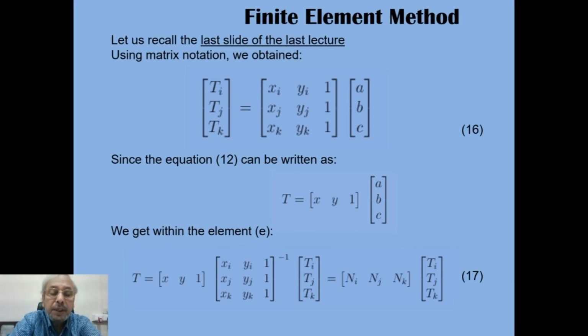So if we combine this, then we can say that T is defined as Ni, Nj, Nk, which is basically a row matrix, multiplied by the Ti, Tj, Tk column matrix, and this is given by equation 17.